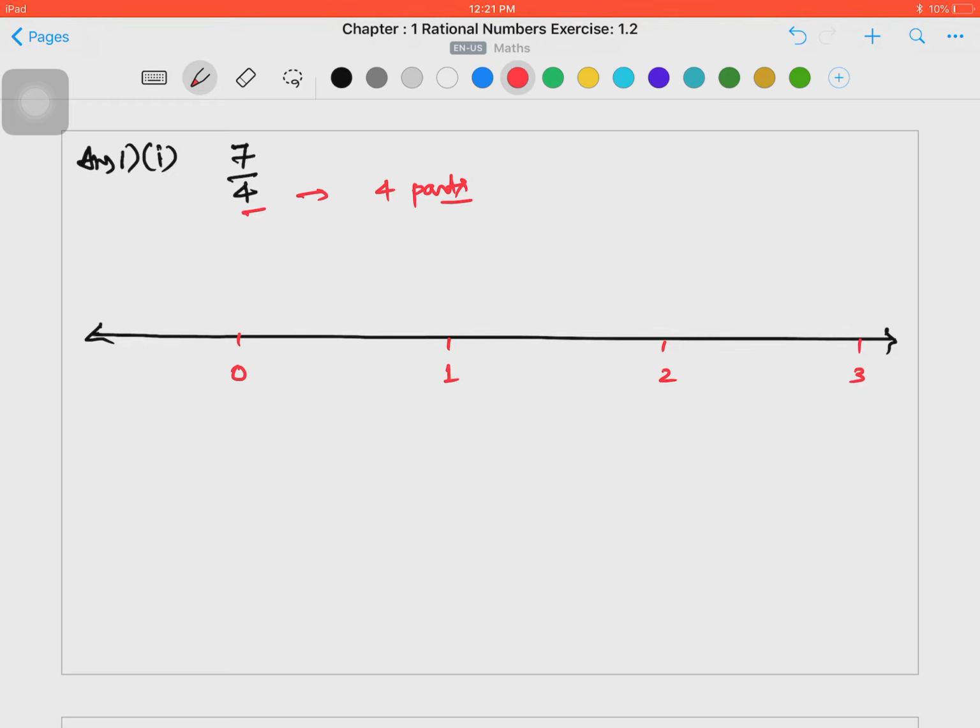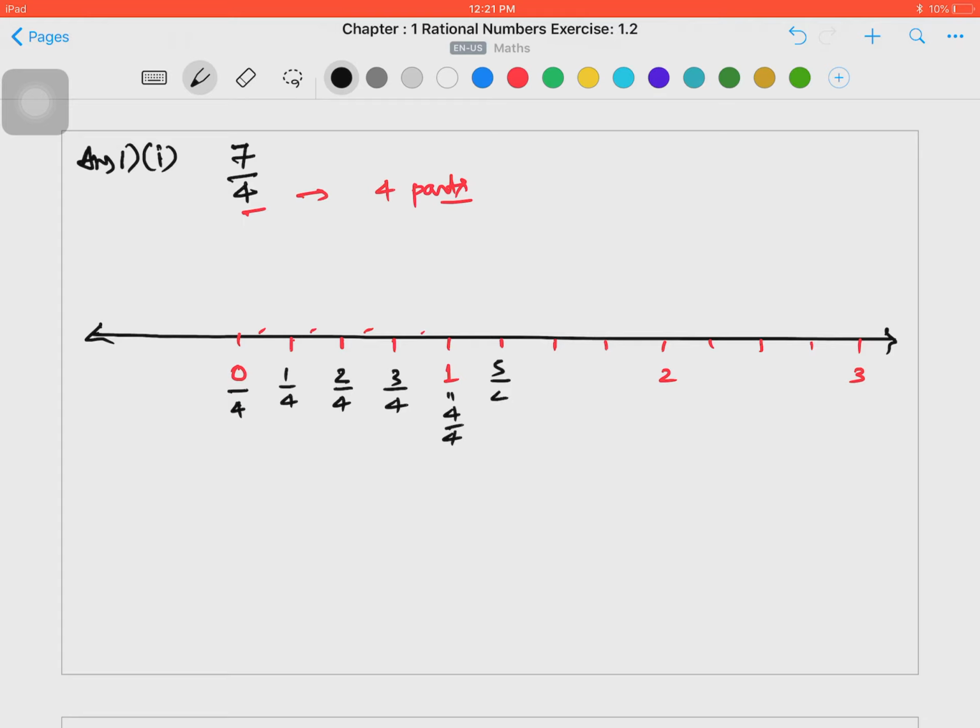Let's say like this, 1 in the middle, then 1 here and here. So we have 1, 2, 3 and 4 parts. Similarly, 1 in the middle here and here, and then here, here and here. So these are the numbers. This will be 0 by 4, 1 by 4, 2 by 4, 3 by 4, and this will be 4 by 4.